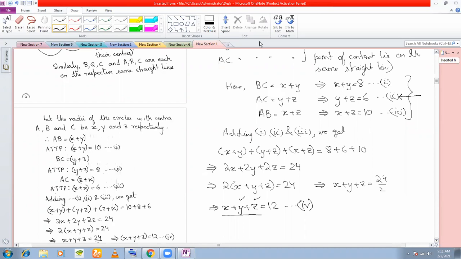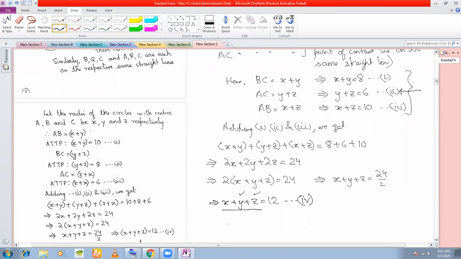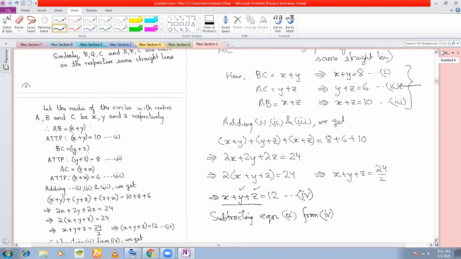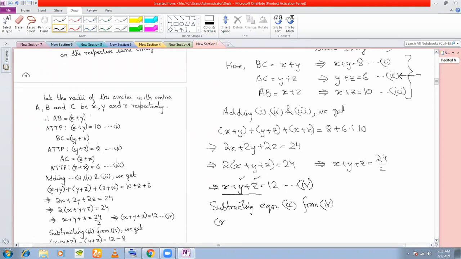So what you do here is subtract equation 2 from 4. If you subtract 2 from 4, you will get x plus y plus z minus y plus z.